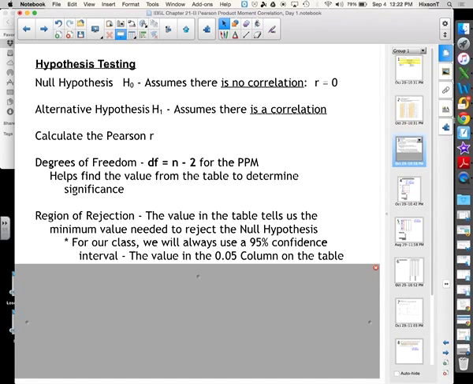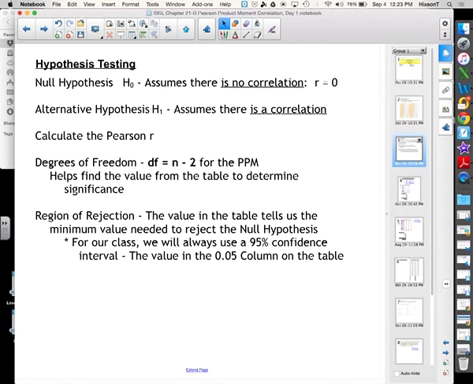So depending on the thing that you're studying, you may use a different column of the table. If it's something that's really not all that critical, you might even use a 0.1. That way you'd be 90% sure there's a correlation.